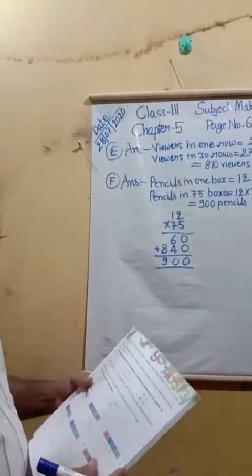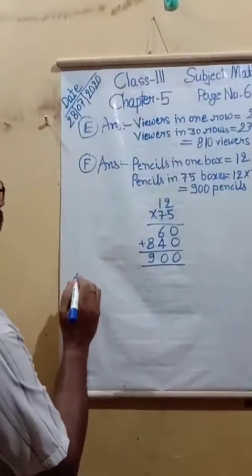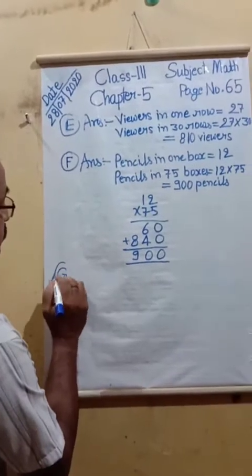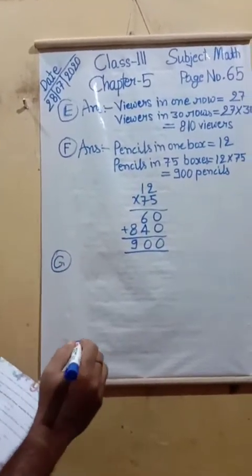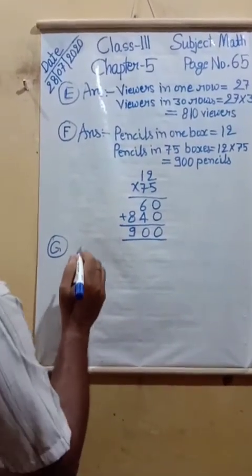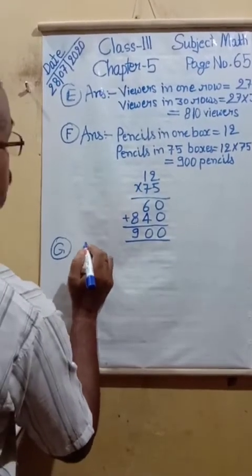Then question number G. Find the approximate and actual values.